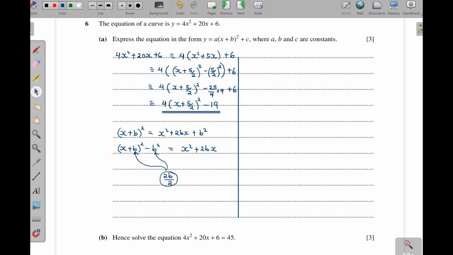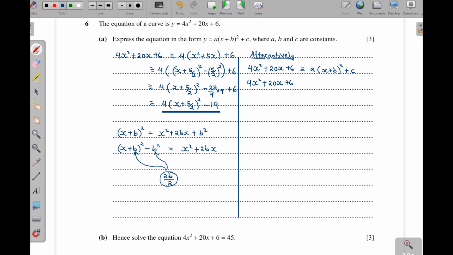But alternatively, if completing squares this way is a problem to you, you can expand and then equate coefficients. So we shall say that the equation given here is actually the same as what they have given you, a into x plus b squared, then plus c. So what are we going to do? We are going now to expand.